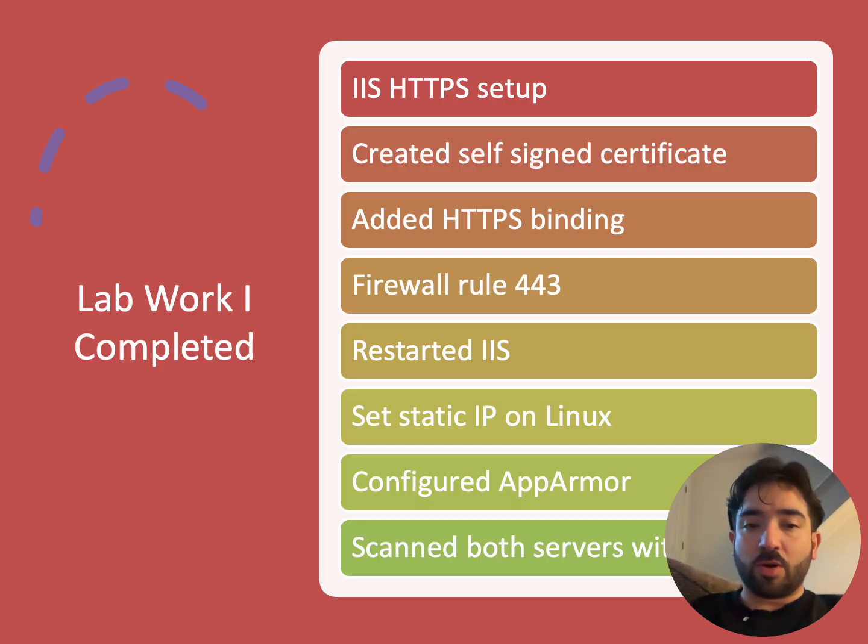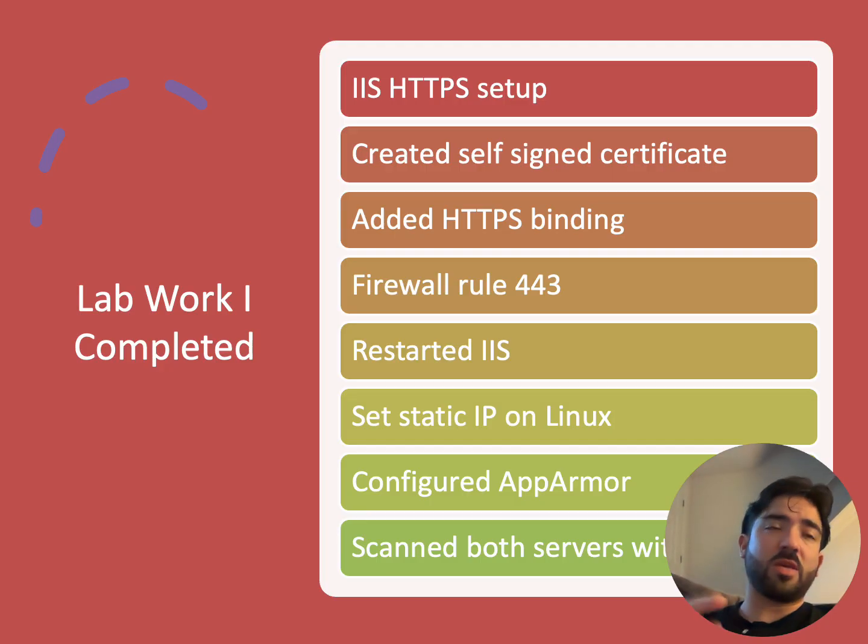On the Linux server, I configured the static IP address and worked with AppArmor by checking its status and confirming the profiles. I made sure all the important services were active, and I also enabled HTTPS support through Apache, and made sure it was showing up correctly.